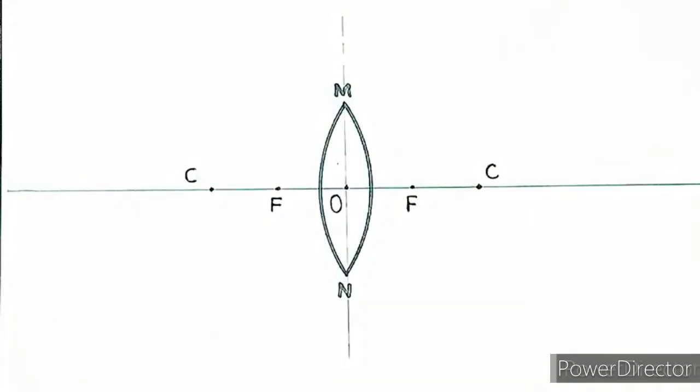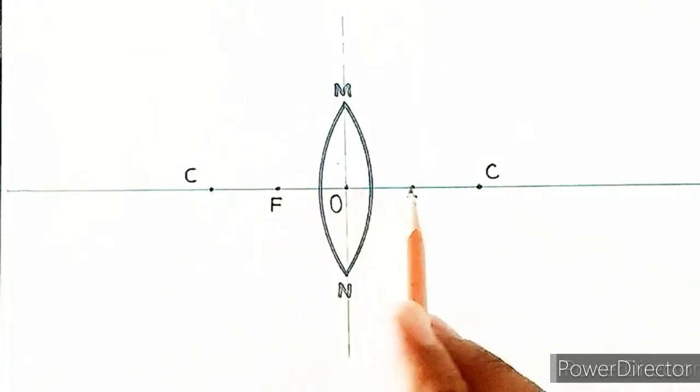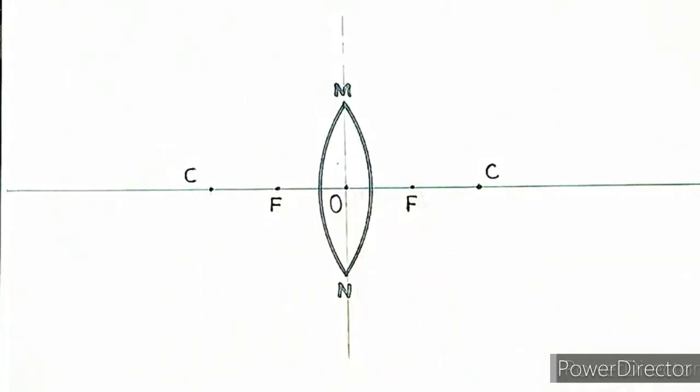So total you have 1, 2, 3, 4, 5 points. Whereas for the mirror you had only 3 points. Now here both the sides.